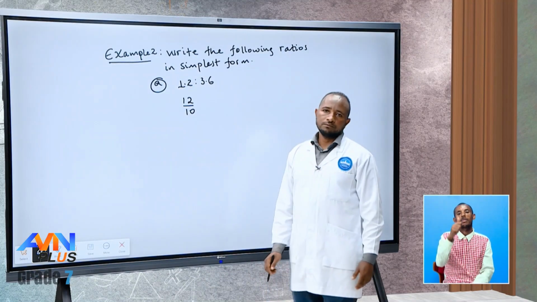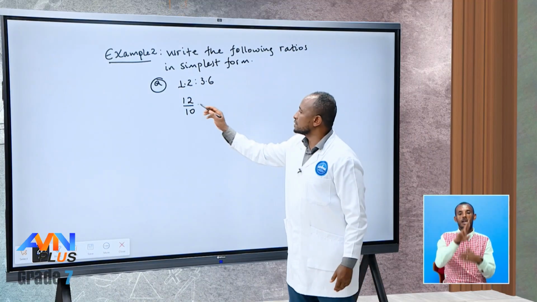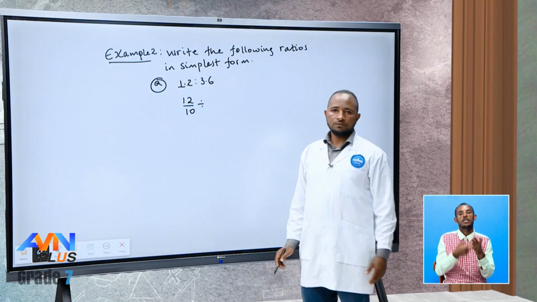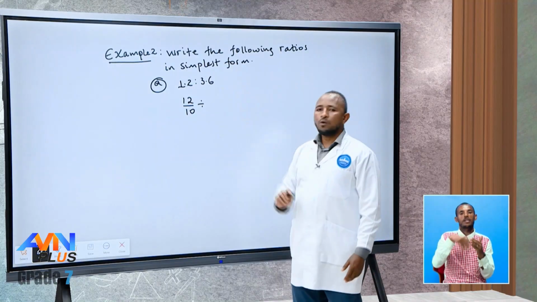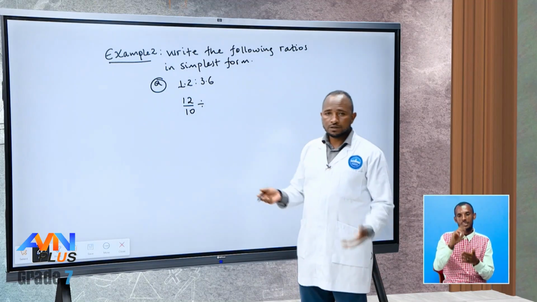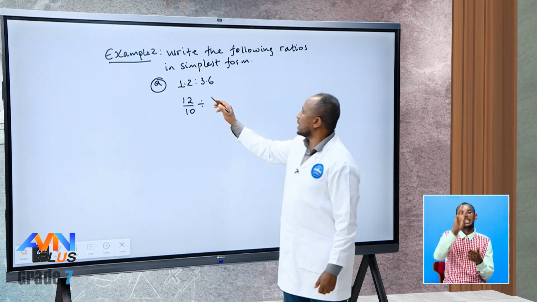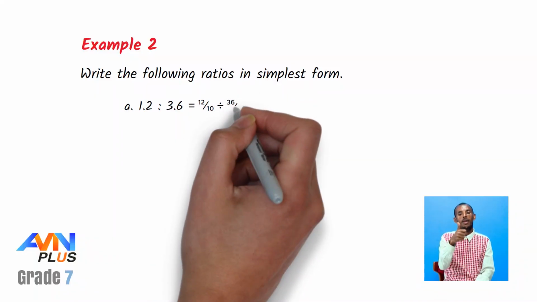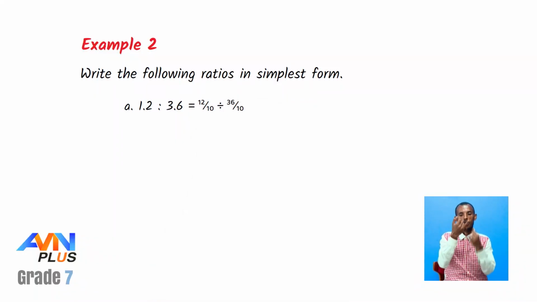Ratio means division. And then 3.6 is written in fraction form as 36 over 10.